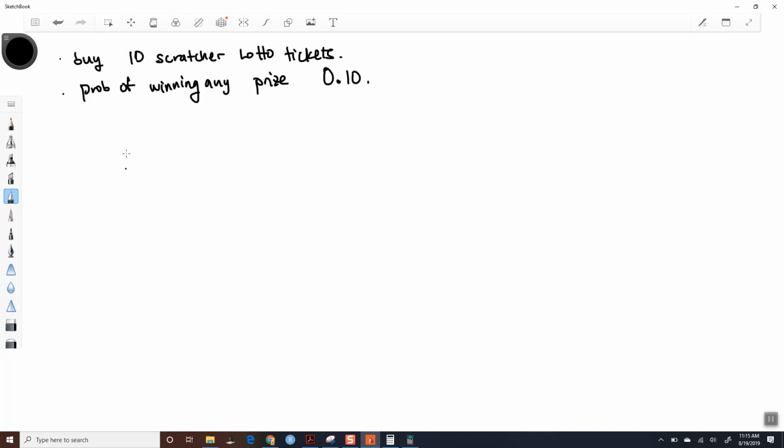Okay, so we're gonna buy 10 scratcher lotto tickets. The probability of winning any prize is 10%, and we will say, what is the probability of winning exactly one time?